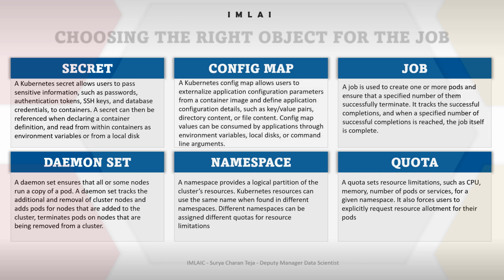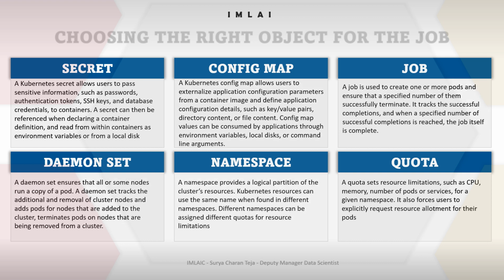Then we have job. A job is used to create one or more pods and ensure that a specified number of them successfully terminate. It tracks the successful completions, and when the specified number of successful completions is reached, the job itself is complete. Then daemon set.